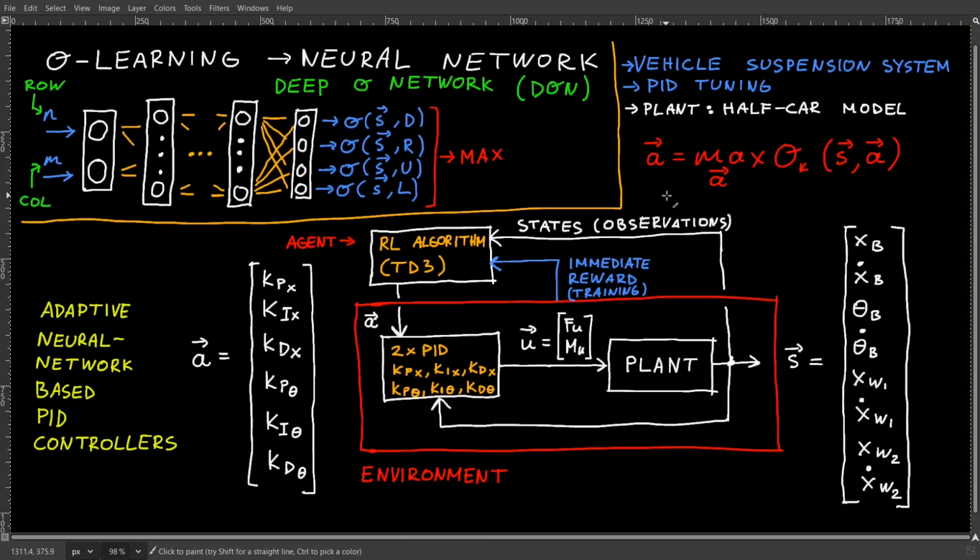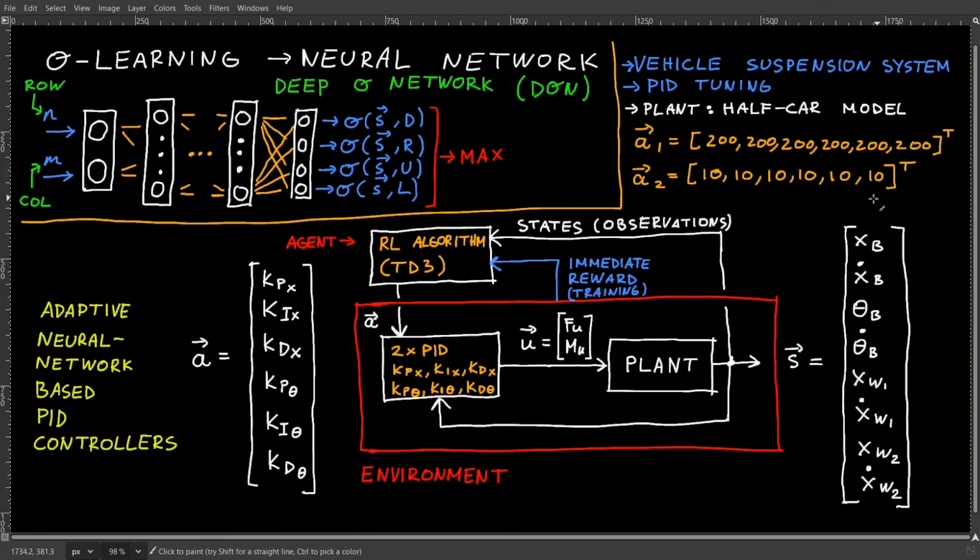The problem with this setup is that our action space is continuous. Imagine that your action vector can only have 2 possible values, this one and this one. In other words, all the 6 PID constants can either be 200 or 10, and no other options are available.